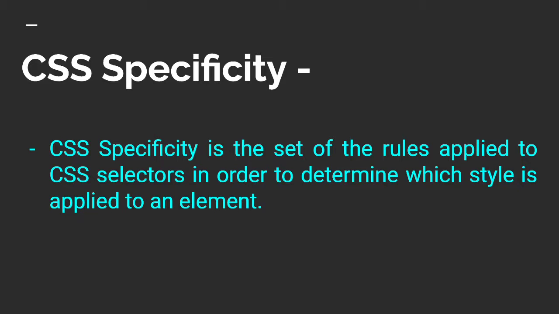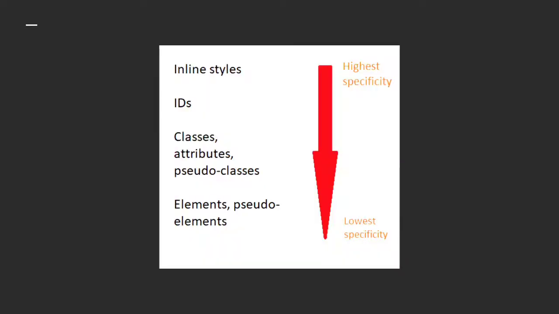It's basically that when we apply more than one rule to one element, which style is to be applied is determined with the help of a set of rules, which is called CSS specificity. Let's look at this with the help of a picture. This is the chart which tells us which selectors have the highest specificity and which selectors have the lowest specificity.